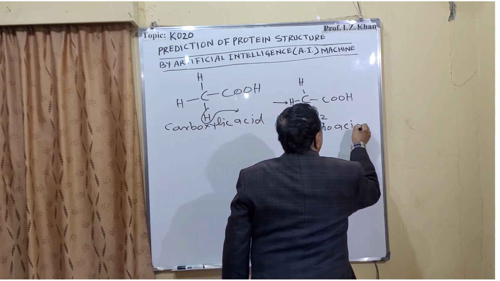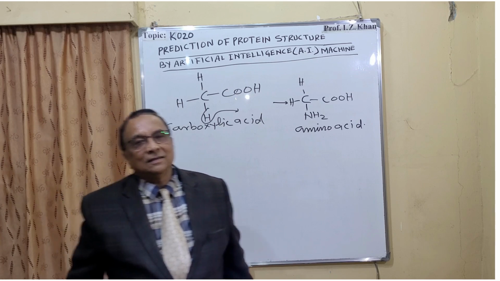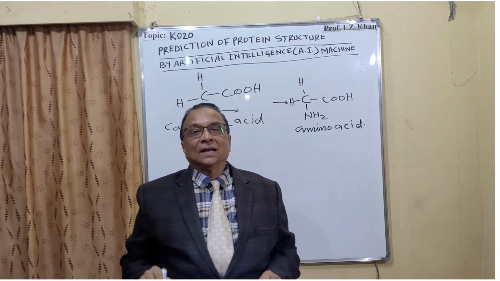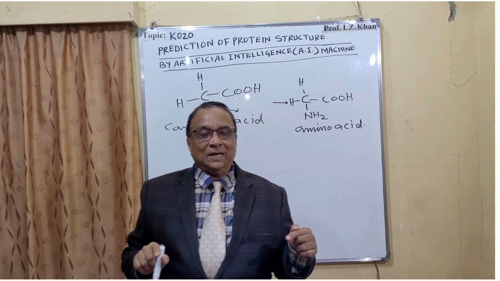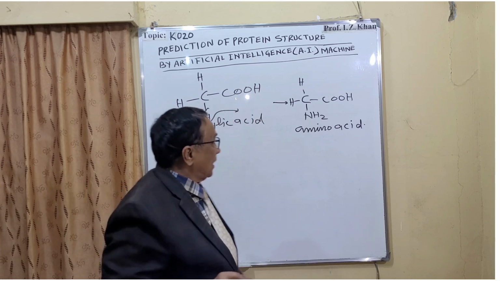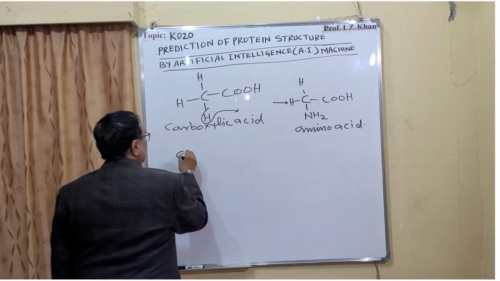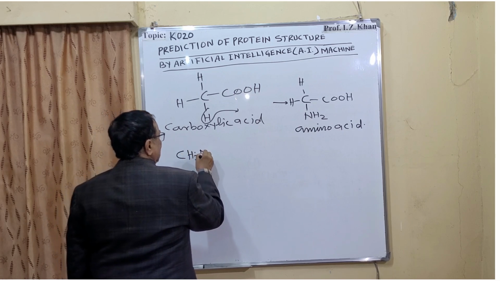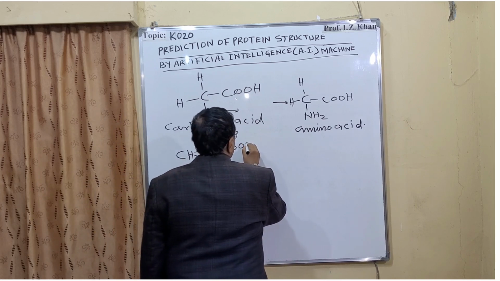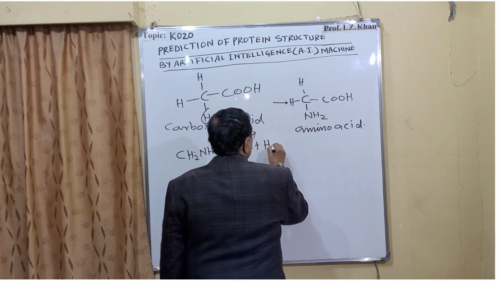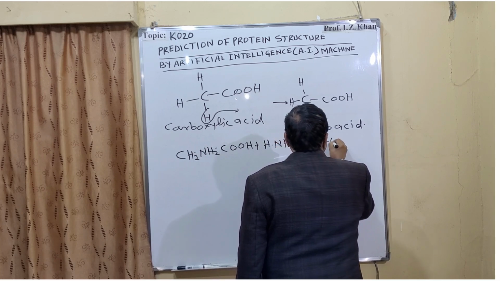And when these amino acids join together, if two amino acids are joined together, that is called a dipeptide, and the bonding by elimination of one molecule of water takes place, and that is CONH. So what will happen? For example, if you write like this: CH2, NH2, COOH plus H, NH, CH2, COOH.